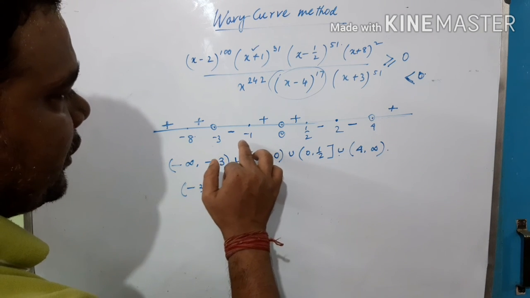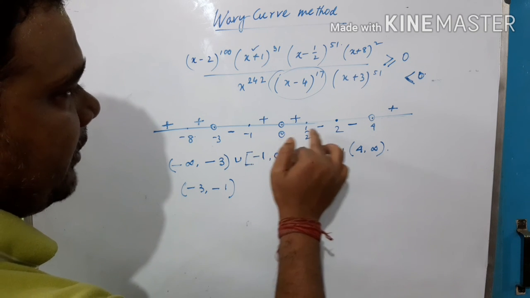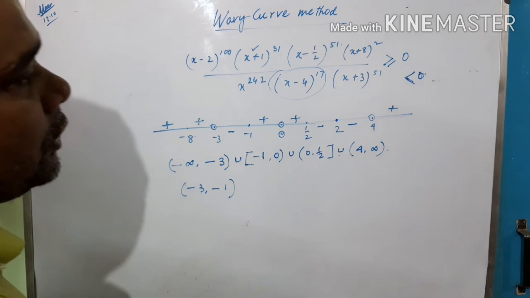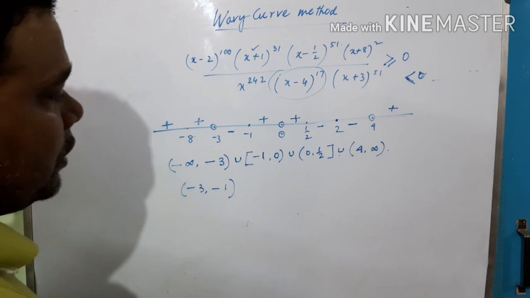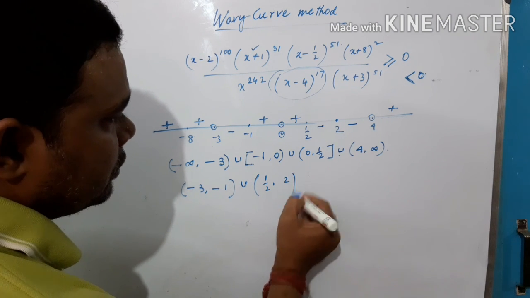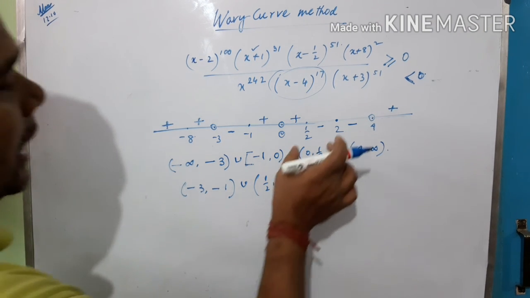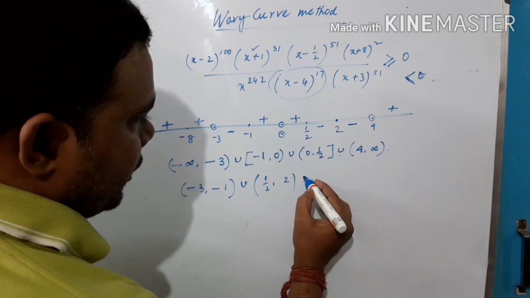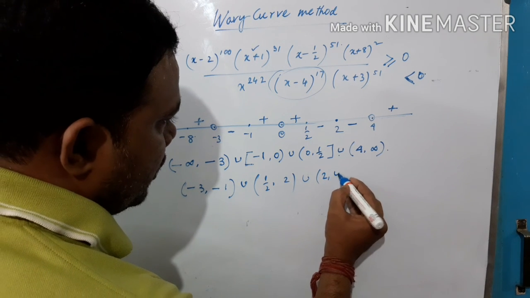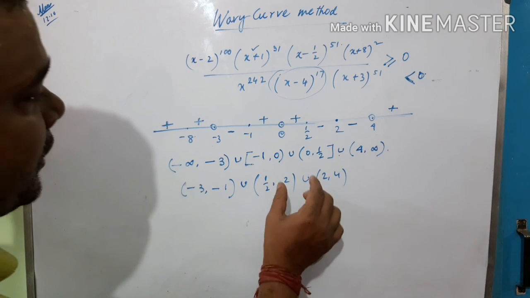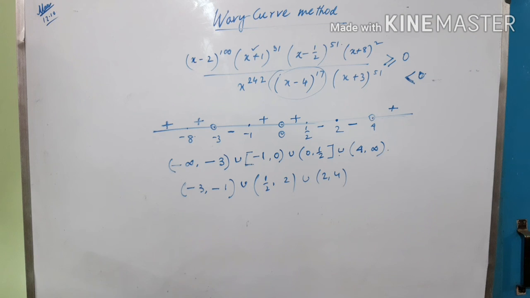Next, when the expression is negative, see that positive, positive, again it's negative. Negative starting from half to 2. So union half to 2. Both are the values of roots, and then 2 to 4, union 2 to 4. Remember that we cannot attach these two intervals together because 2 is the point where the value of the expression is 0.